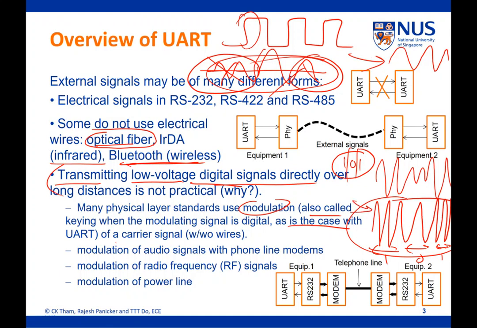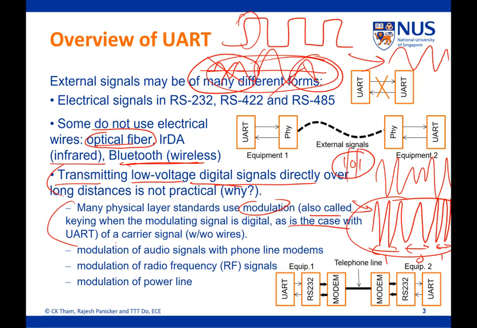Now on the receiving side, you take this analog signal, the modulated signal that you receive, and then recover the original modulating signal from it. The modulating signal is what contains the information, right? So you recover that information from the modulated signal, and that process is called demodulation.